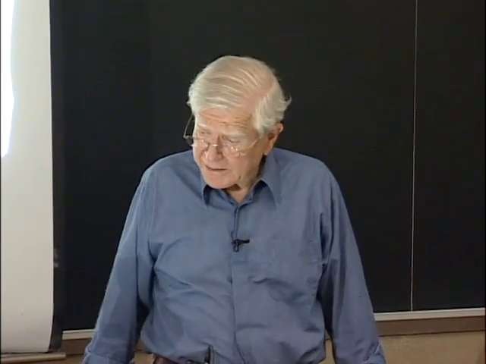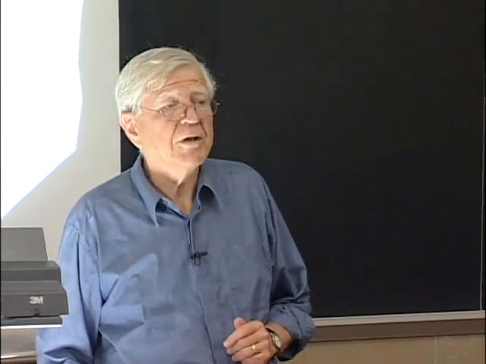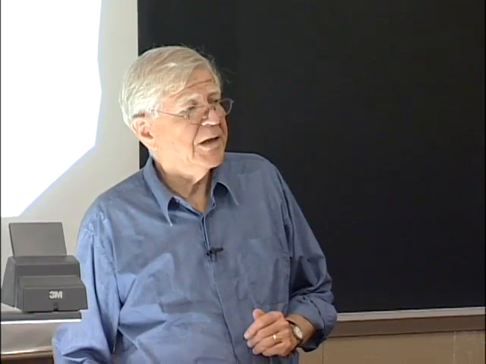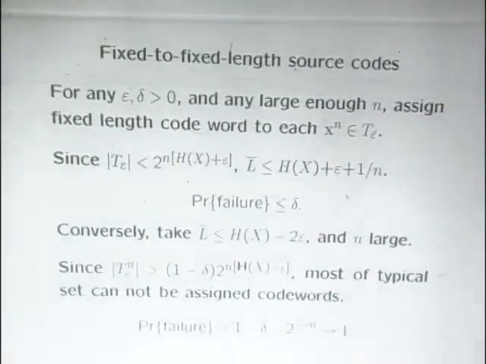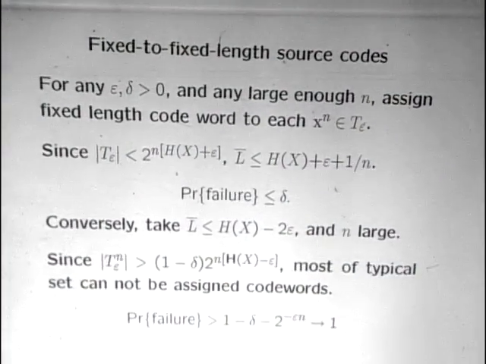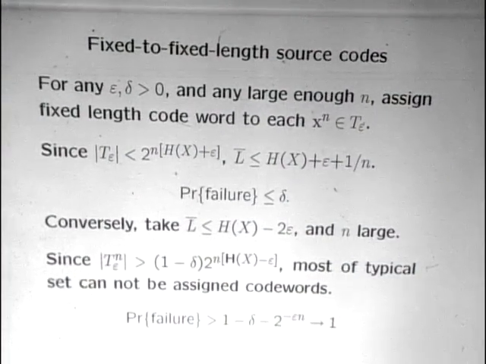OK, so the idea that we're trying to get at now is that prefix-free codes and fixed-to-fixed length source codes, which only encode typical things, in fact, are sort of the same if you look at them over a very, very large sequence length.